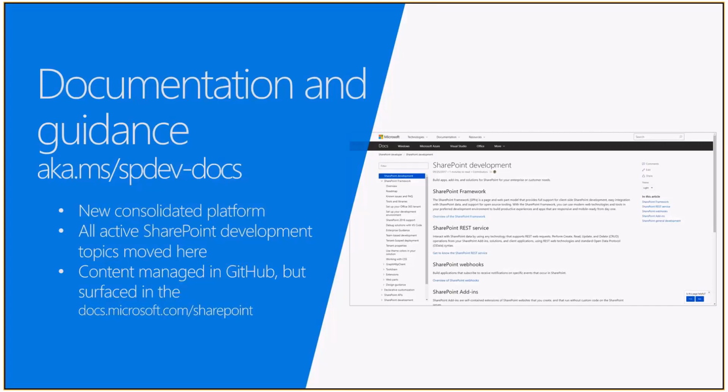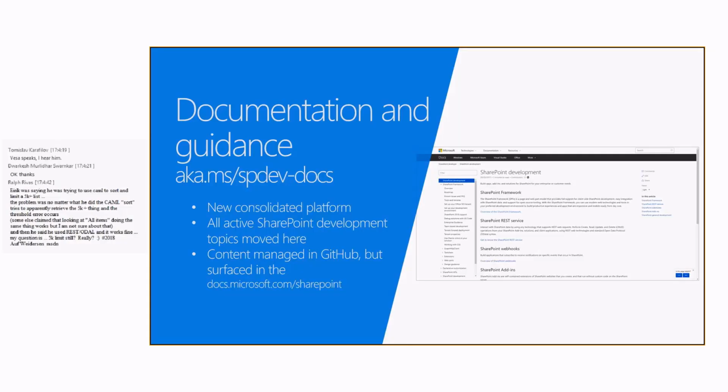Now, we do know that there are articles which are not quite up to date, but one of the cool things about the new docs.microsoft.com platform is that you can report those issues to us using GitHub. You can even fix the issues if you find a typo or an issue there, if you have time and you're willing to do that.